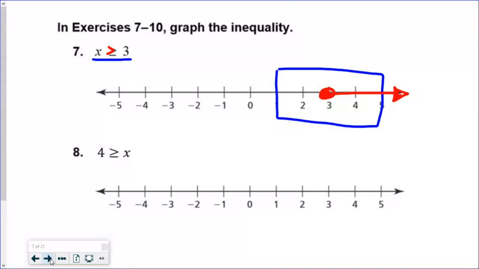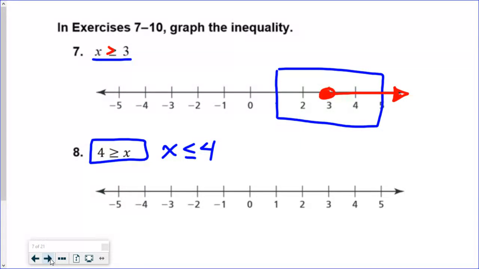Okay, now for number 8, here we go. Look here, this is now how I want inequalities written. The x needs to be on the left, and the number needs to be on the right. And for number 8, do you see it's pointing at the X, and the little sign is eating the 4. So it's got to point at the X and eat the 4 or equal to.